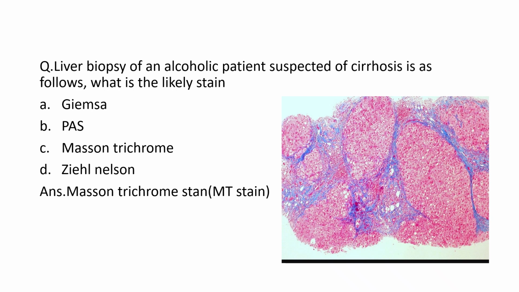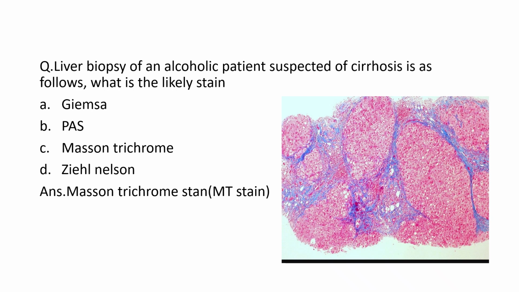As we can see in the picture, there is red color and there is blue color. We can appreciate the formation of nodules, and there is bridging fibrous septa that is highlighted by the blue color.